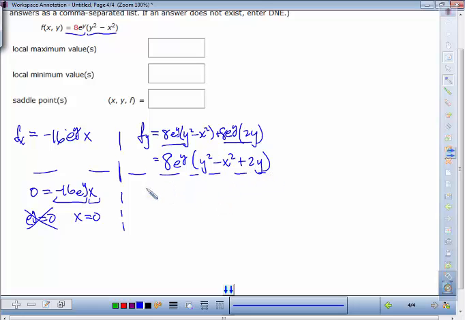Now I have this thing equal to 0. And I'll set each of these equal to 0, but I know that this will never equal 0, so I'll just not worry about that and just focus on y squared minus x squared plus 2y equal to 0.